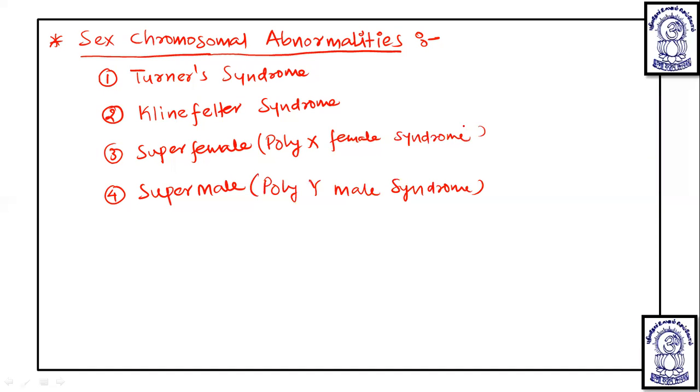Okay, but we are going to discuss mainly Turner's and Klinefelter. We will discuss somewhat about the super female and super male, but these first two are important with respect to the NEET. Okay, so let's discuss one by one all this.